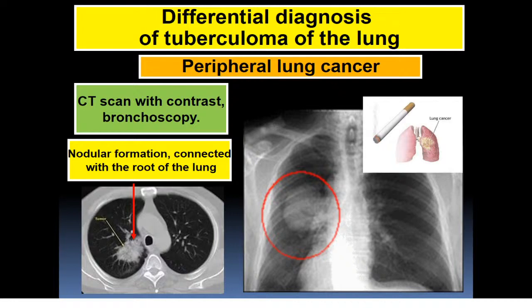For differential diagnostics, we should use different methods of examination, especially CT scan with contrast substance and bronchoscopy. In bronchoscopy, we can see changes in the bronchus and can take material for histological investigation.